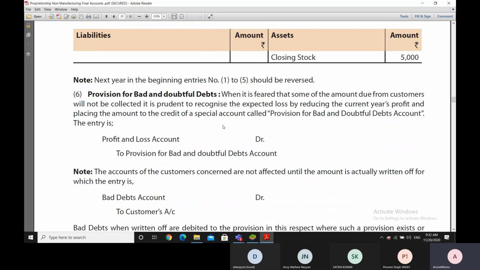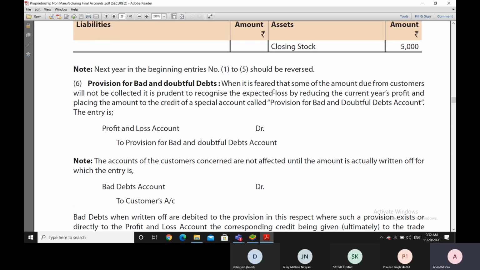Now we go to the provision for bad and doubtful debts. Whenever there is a fear that some amount which is due from customers may not be collected, on a prudent basis, we need to recognize that expected loss that we may incur, and so what we do is that we reduce the current year's profit on a prudent basis, and for doing that we debit the profit and loss account and we credit the provision for bad and doubtful debts account.